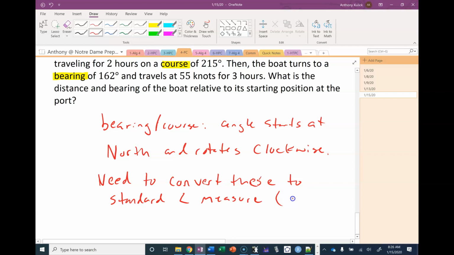That is where we start at the positive x-axis and rotate counterclockwise.